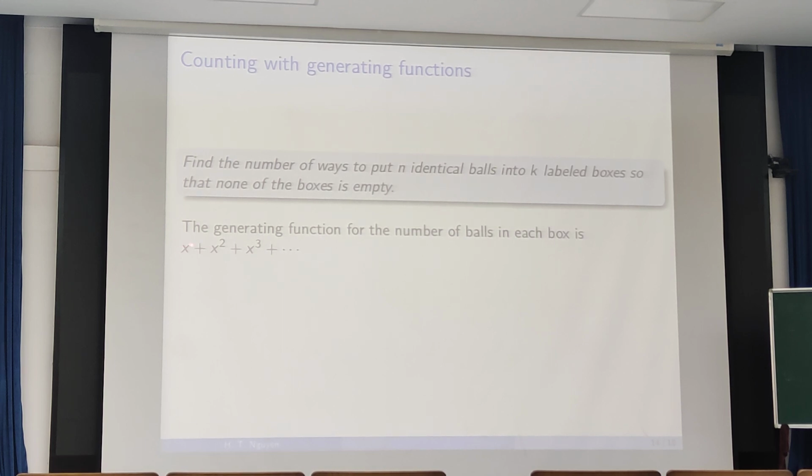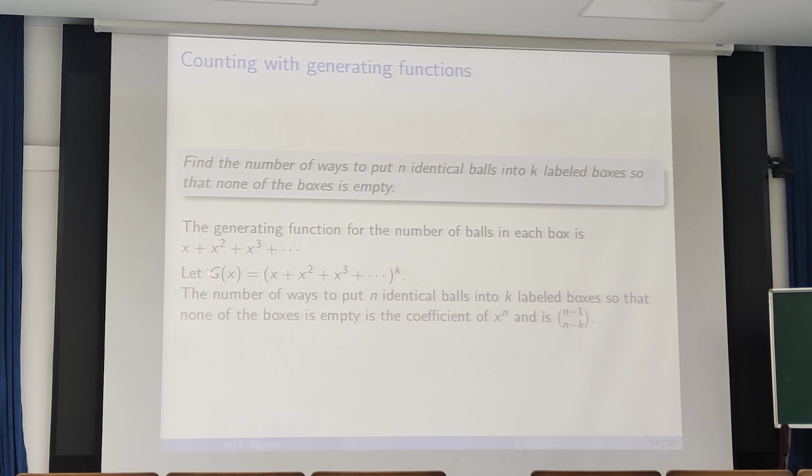Since it cannot be 0, we start with exponent 1, so we have this sum. And we write the generating function for the total number of balls in the boxes. We get this. Each box has this, and we have k boxes, so we have this product.